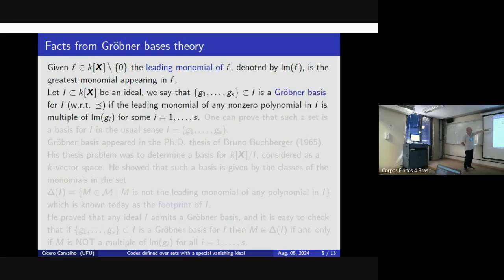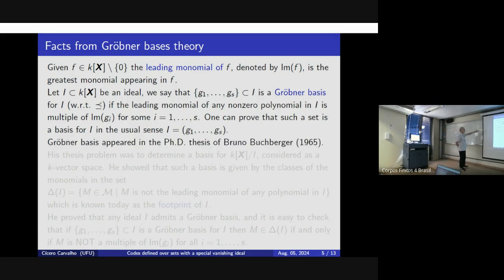We say that a subset g1 to gs of I is a Gröbner basis for I with respect to some previously fixed order if the leading monomial of any non-zero polynomial in I is a multiple of the leading monomial of some gi. So this is a Gröbner basis. We have to fix an order because we are talking about leading monomials. And you can prove that such a set is a basis for the ideal in the usual sense of a set of generators.